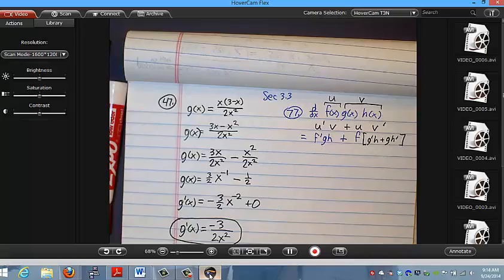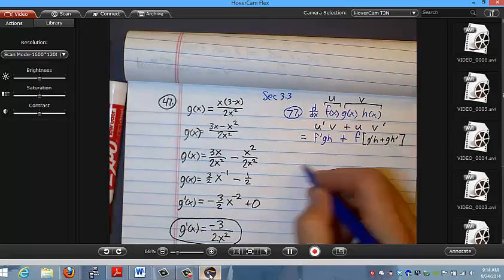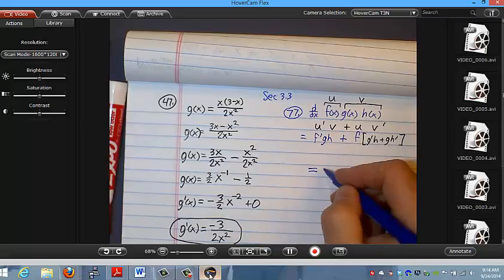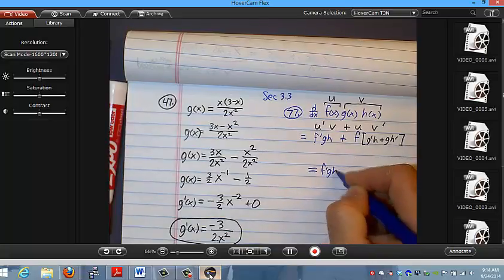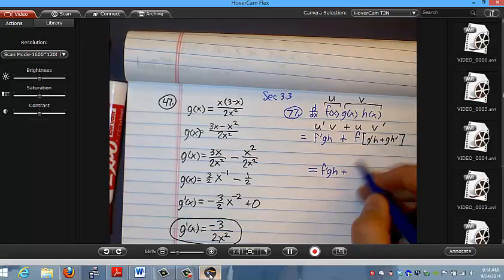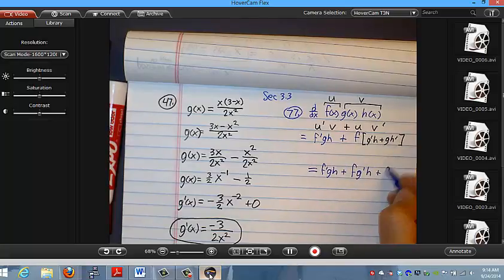Because that's the derivative of what v is. V is a product itself. So now, to come up with the formula, the final answer is going to be f prime gh plus, I'll distribute the f here, f g prime h plus f gh prime.